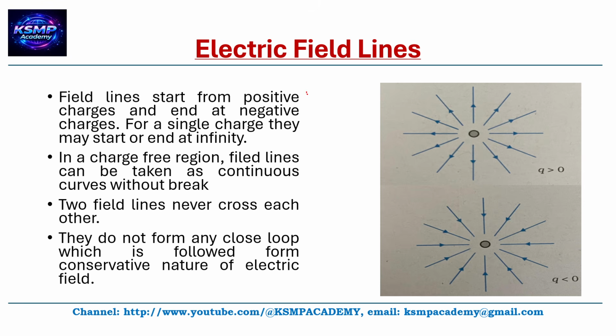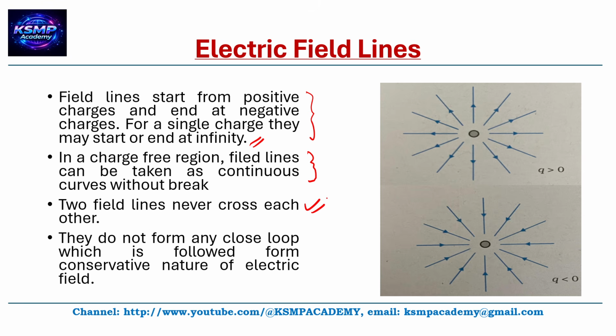Field lines start from a positive charge and end at a negative charge. For a single charge, the second charge we may assume to be at infinity. That is, the electric field line may start from infinity or may end at infinity. That we can assume. In a charge-free region, these field lines can be considered to be continuous lines.